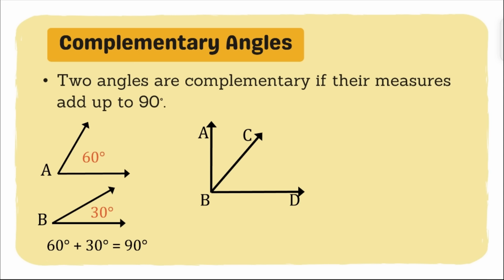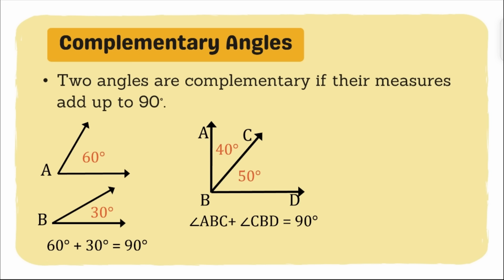Okay, ano pa? We can also have this example. We can say that angle ABC, if we're going to combine it or add it with angle CBD, kakaroon tayo ng sum na 90 degrees. Okay? So, kung ang measurement ni angle ABC ay 40 degrees, sa tingin nyo, ano kaya ang magiging measurement ni angle CBD?